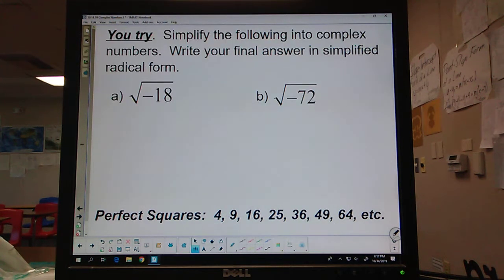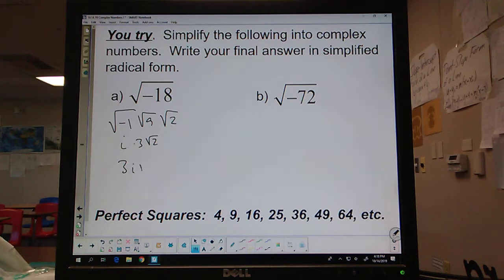All right, see if you can do that with these two right here. Think about perfect squares. Pause the video if you want to try on your own. Okay, I would have said negative 1 and broke this up into 9 times 2. Then I would have had I times 3 times radical 2.